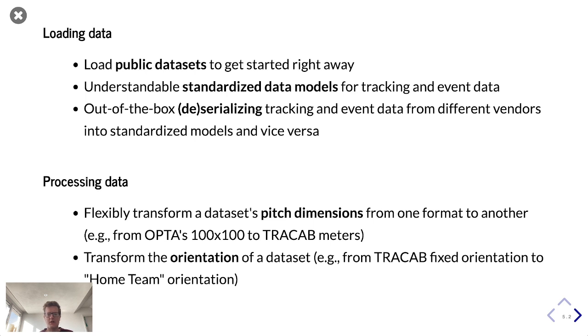But it can also change orientation. For example, event data is mostly oriented from the ball owning team or the action executing team, and the tracking data is fixed, and if you want to use them together, you might want to make sure it's in the same orientation.